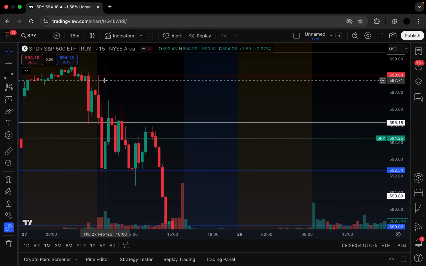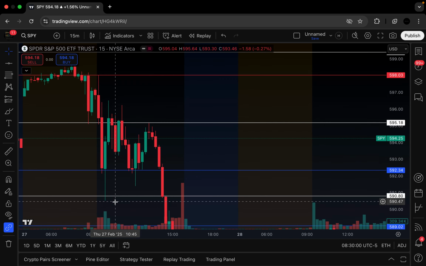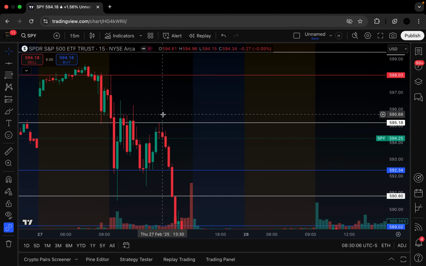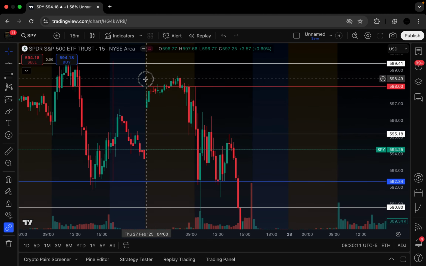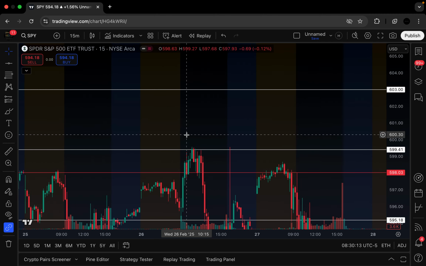I needed some confirmation, and we ended up getting the confirmation. Once we broke the key pivot and held under, we rolled all the way down to 590, key pivot to key pivot. So that's one of the resistances that we could use, and then we'll keep going.